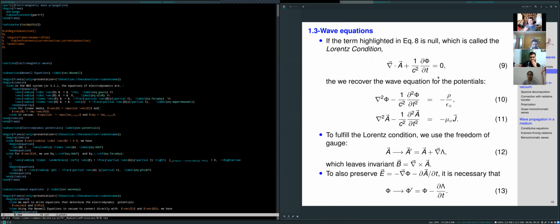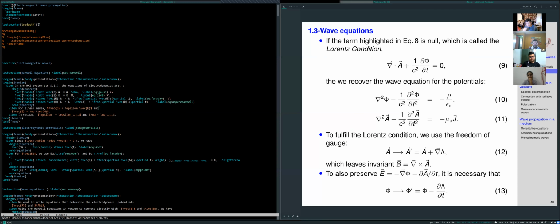I'm sure you've heard of it before, but it's important to make sure that this is clear. The idea here is to add the gradient of this gauge term lambda to A, and since B is defined by the curl of A, whatever gradient you add to A will leave B unchanged.